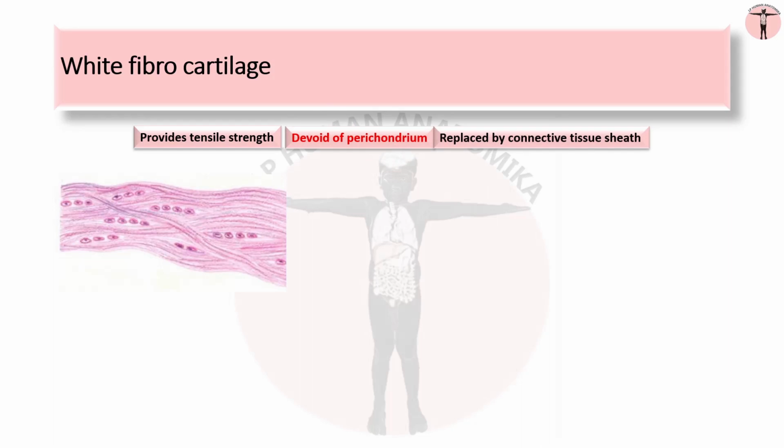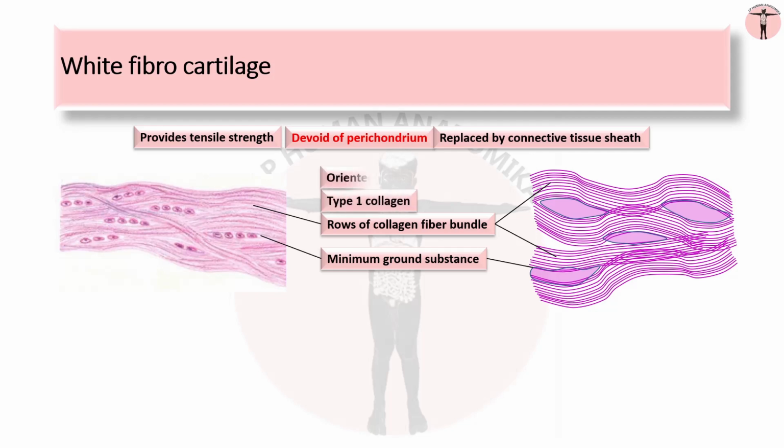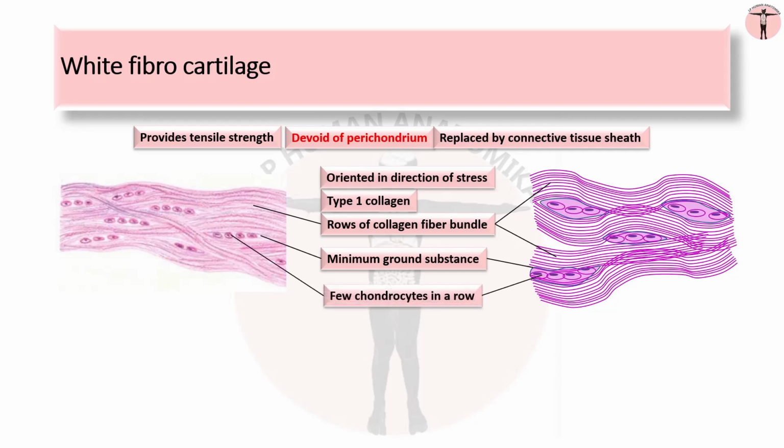It consists of numerous rows of collagen fiber bundles and minimal ground substance. Collagen fibers present are type 1 and are oriented in the direction of the stress. Chondrocytes are few and arranged in rows between the layers of collagen within the lacunae in the matrix.